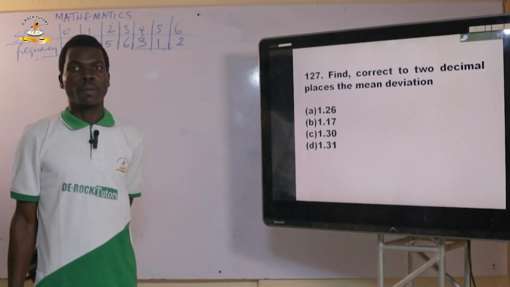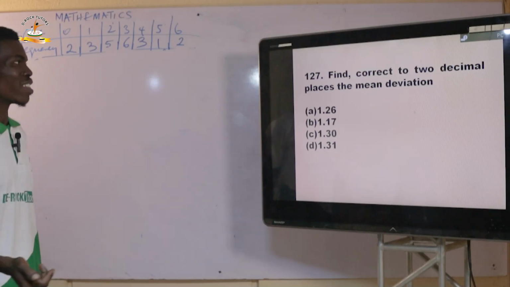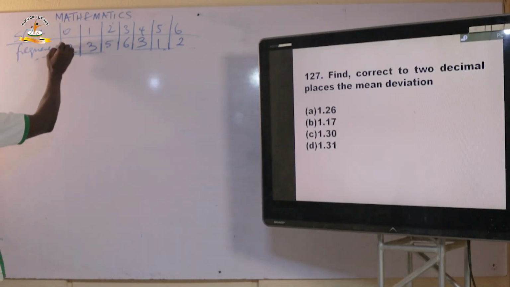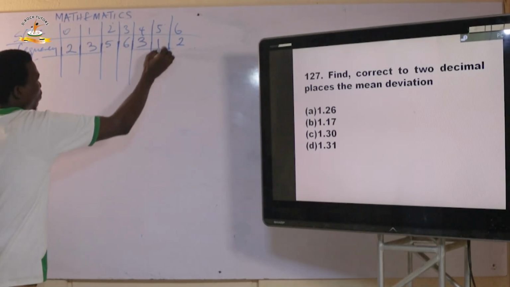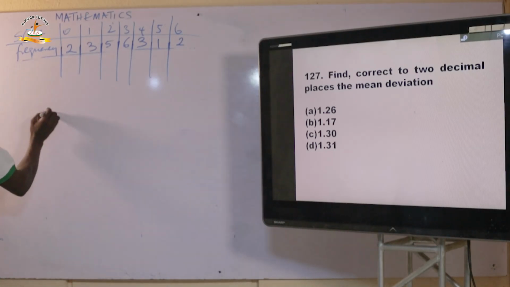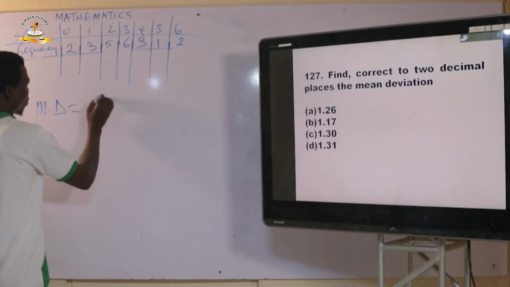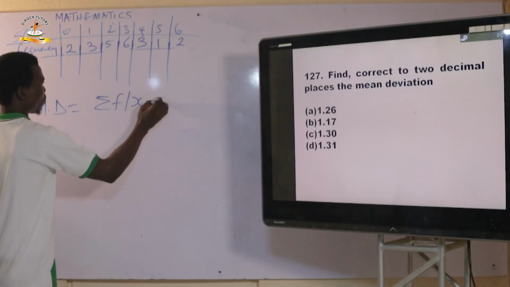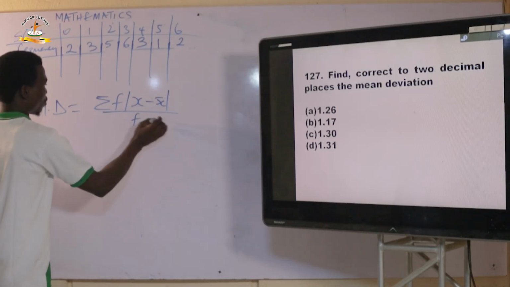Next question. So our question 127 says, find correct to 2 decimal places the mean deviation. So mean deviation is also known as deviation from the mean, and it's simple. The formula is simply mean deviation is summation of f times the absolute value of x minus mean, all over the total frequency, which is your f.